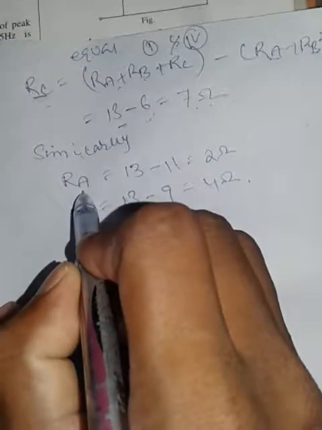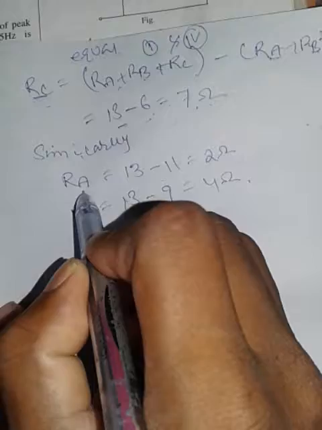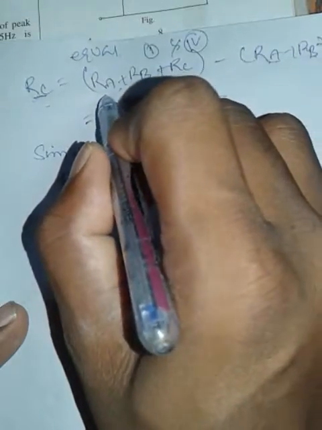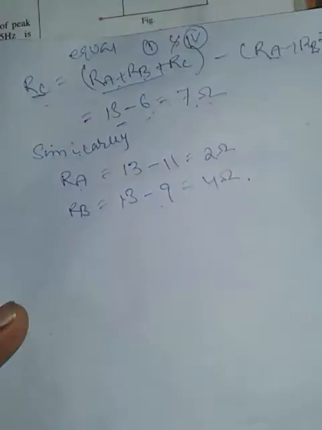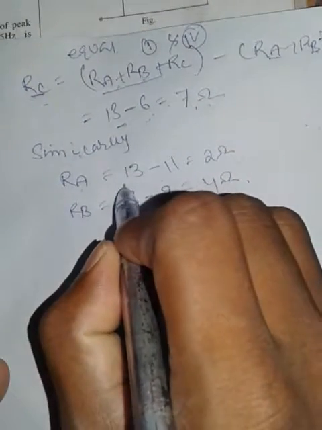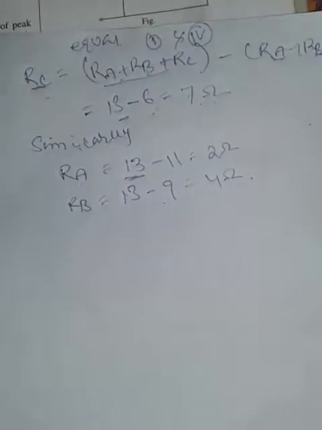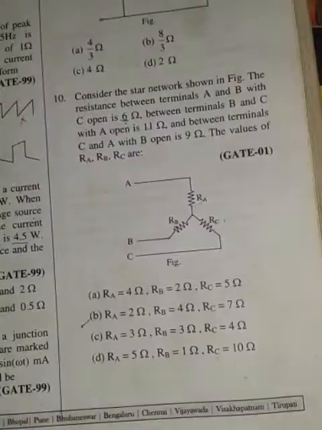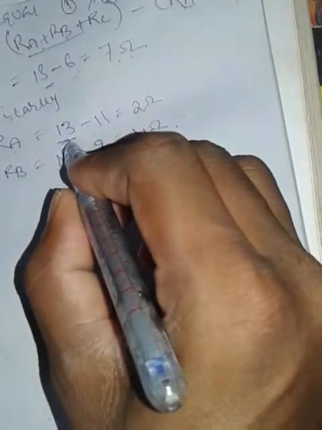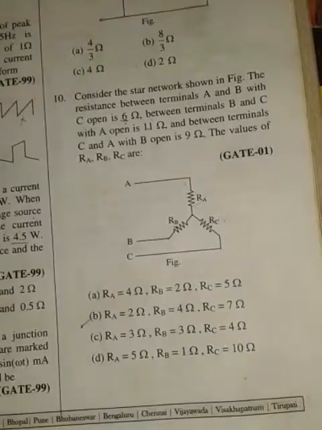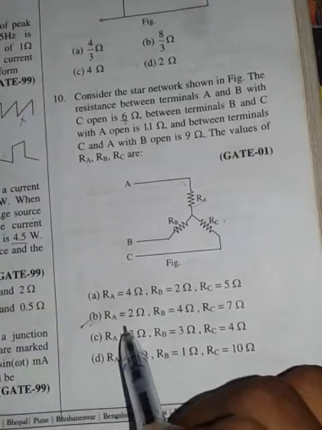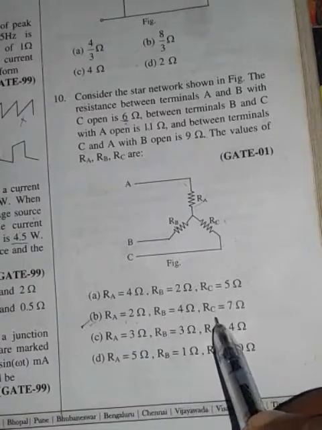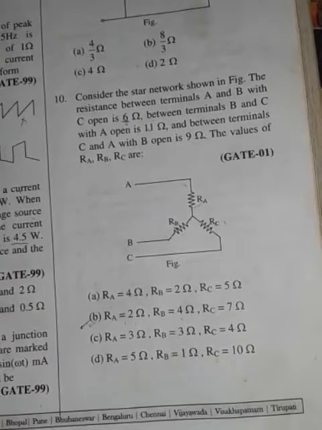Similarly we can calculate RA by subtracting from the total. RB plus RC is given as 11. So when we subtract, RA plus RB plus RC minus RB plus RC is equal to RA, which is 2 ohm. So RB will be 4 ohm. So option number 2 is the correct answer. RA is 2 ohm, RB is 4 ohm, RC is 7 ohm. So option B is the correct answer.